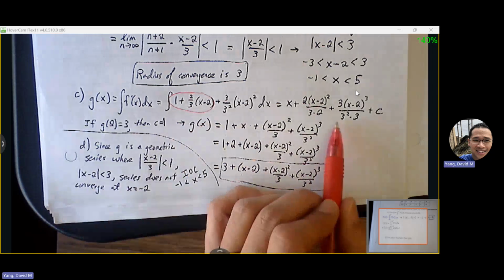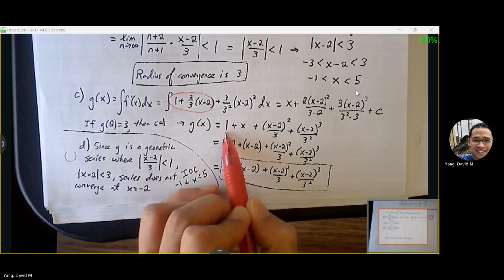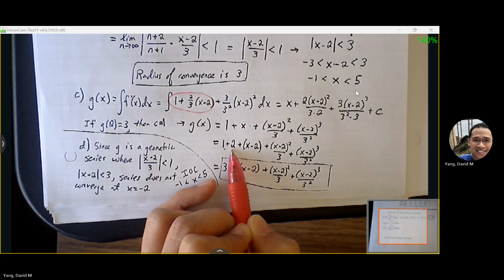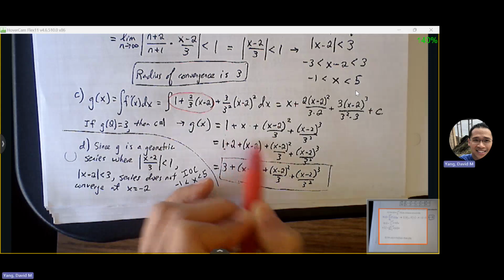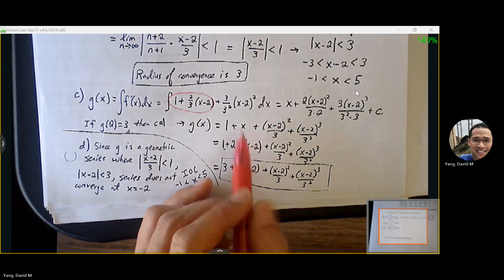No, wait, this one becomes X. An x minus 2 in parentheses to equal to... Oh, right, yeah, got it.